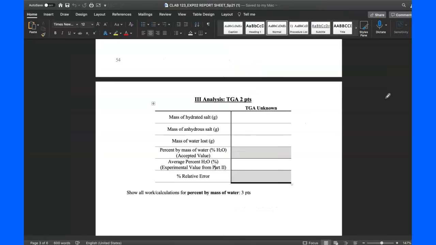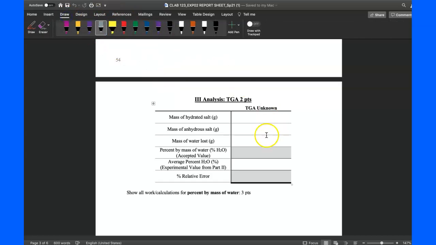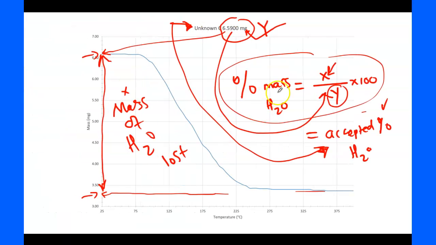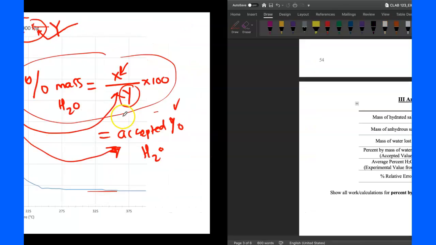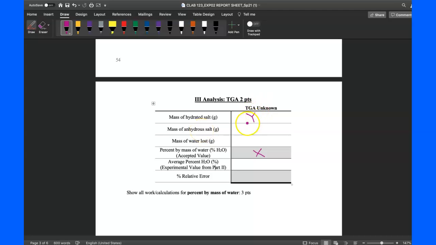You use the accepted value on here. So that's the value that's going to go on here. The mass of the hydrate is what's given on the graph. This was my Y on the graph, this number right here. And then the X is the difference on the y-axis. The mass of water lost is the X on the y-axis right here.